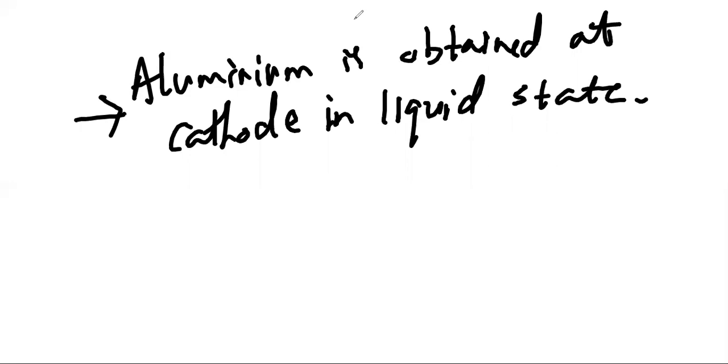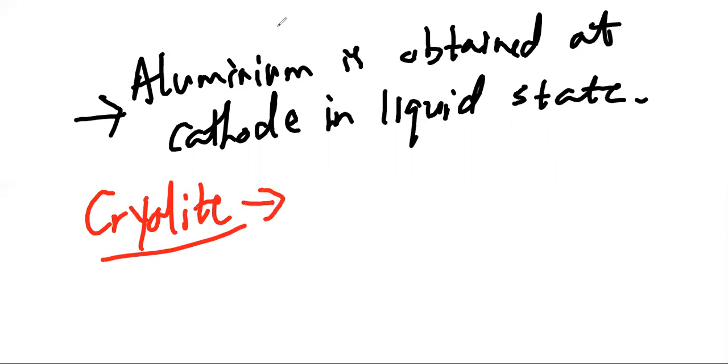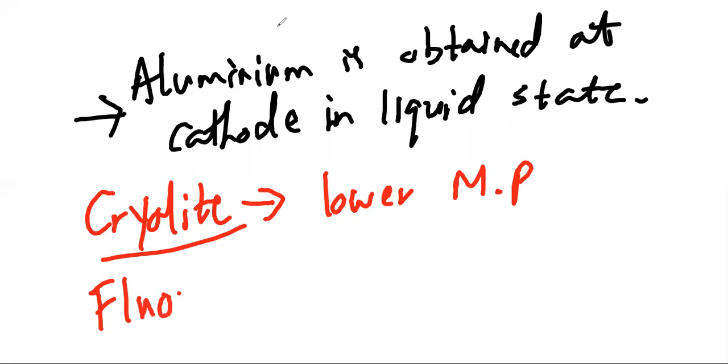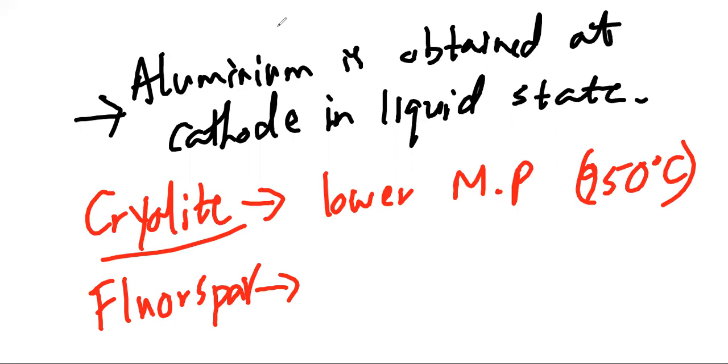Why are we using cryolite? Why have we mixed cryolite with the alumina? To lower the melting point. And why is fluorspar being used? Cryolite is used to lower the melting point of alumina to about 950 degrees centigrade.